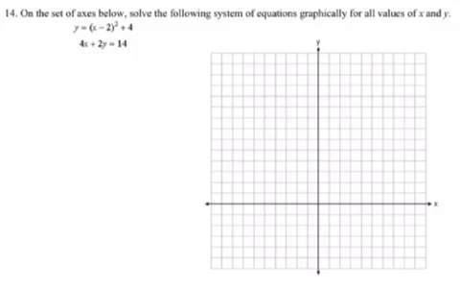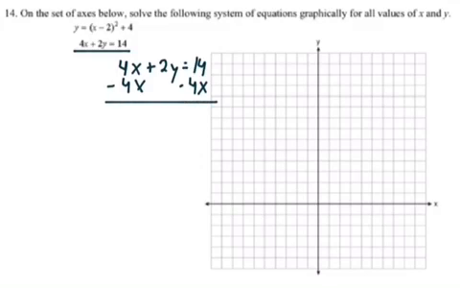Question number 14 again is asking to solve the following systems graphically. The first thing you're going to have to do for this is to solve the second equation for y. In order to solve for y, you need to move the 4x to the right first, minus 4x. 2y is equal to negative 4x plus 14.